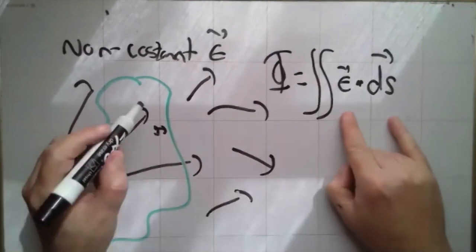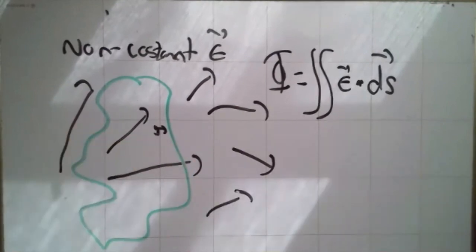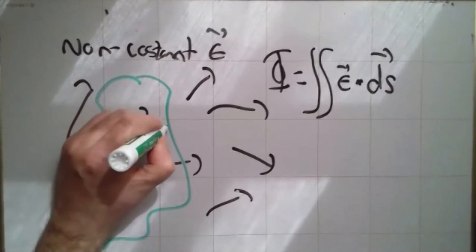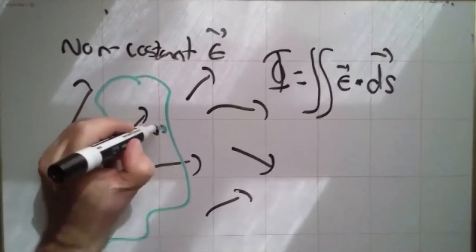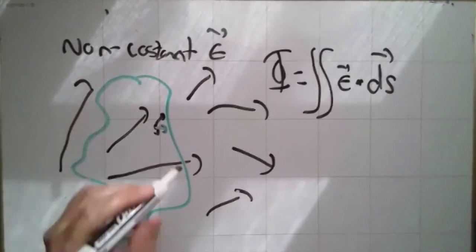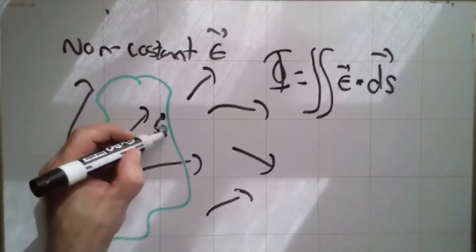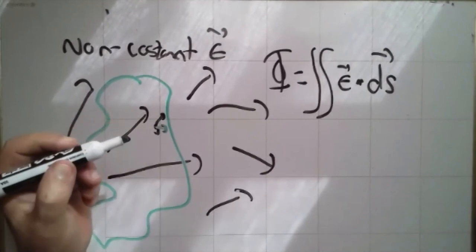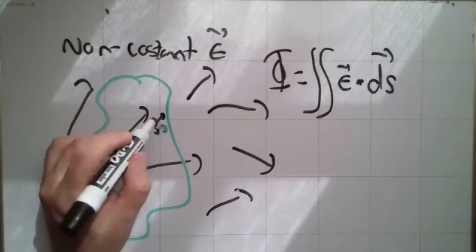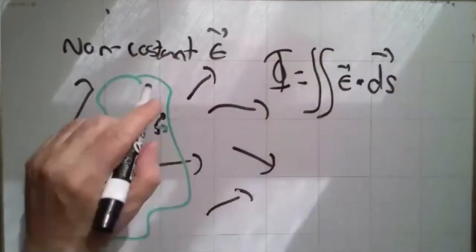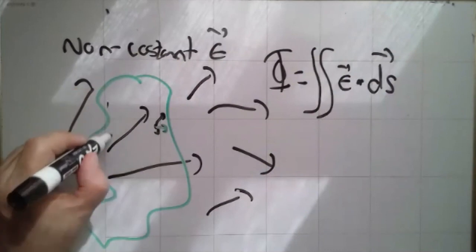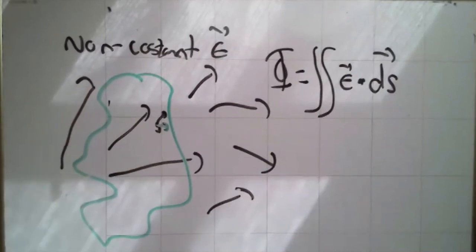I take the dot product of that normal vector with E at that point. So here's my normal vector. Maybe at that point, E pointed that way. I take the dot product of those two. That gives me a scalar. This is a scalar integral. And then I add up all of those contributions all over the surface. It's a double integral. It's a surface integral. Okay, those are hard.